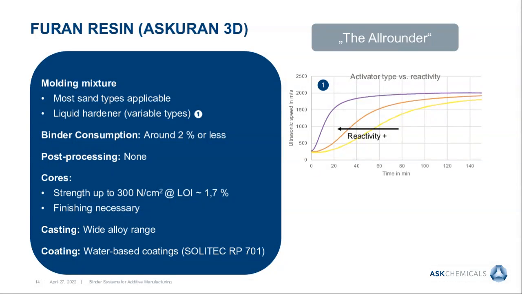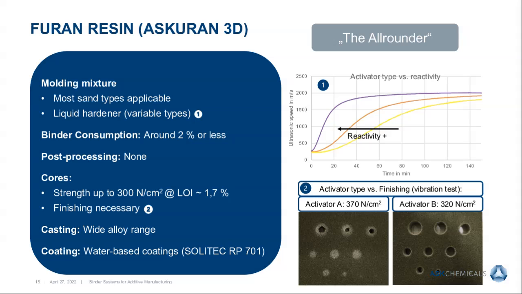But for Ascoran 3D furan printed parts, there is the necessity for finishing the parts. So there are sand adhesions on the parts which have to be removed mechanically. This effect can also be steered by using suitable activators. So the image on the lower left shows two different activators and a sample which was then descended simply by vibration.